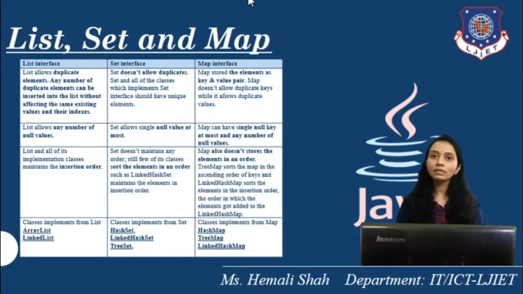LinkedHashSet stores in the sequence in which you have added the data. Now map basically stores like a hash table. It uses the key and a hash function to store the particular data. So here you cannot maintain the insertion order in a map.